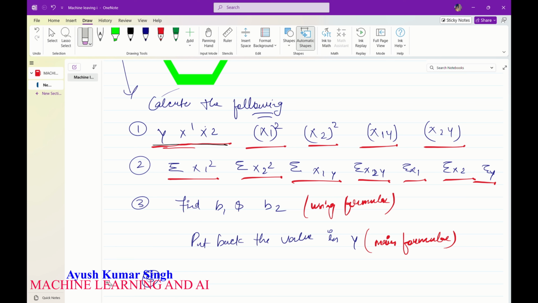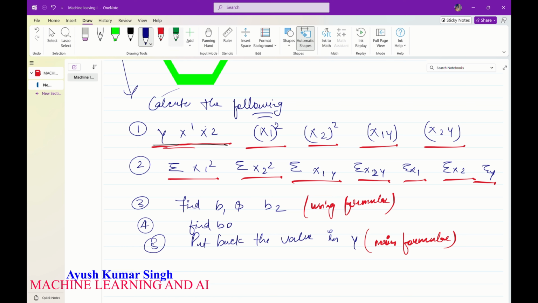I have missed out a formula here, so I'll write it here. Fourth, and this one is the last step. The fourth one would be to find B0.